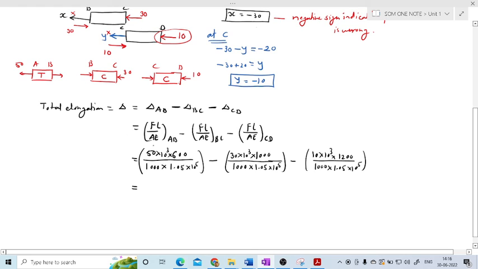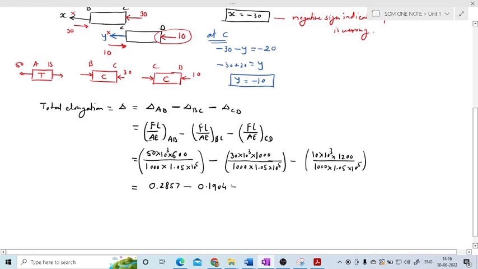The answer for this first bracket is 0.2857. If I solve the second one, the answer is 0.1904.